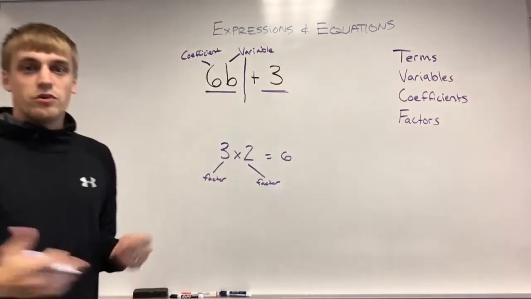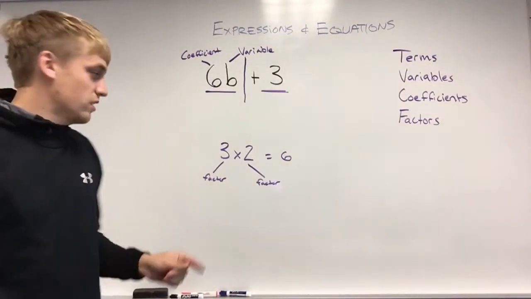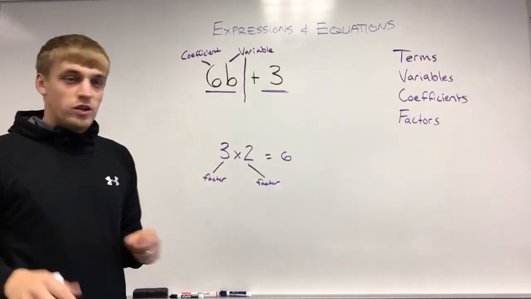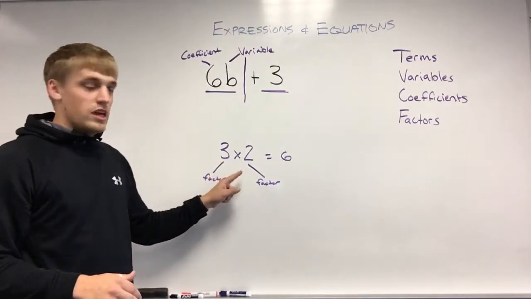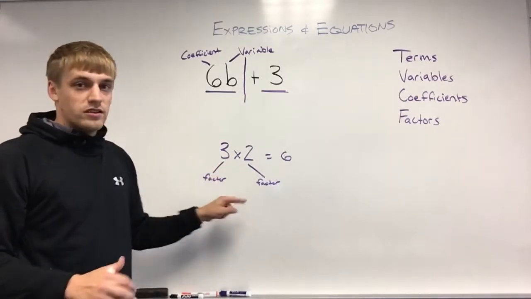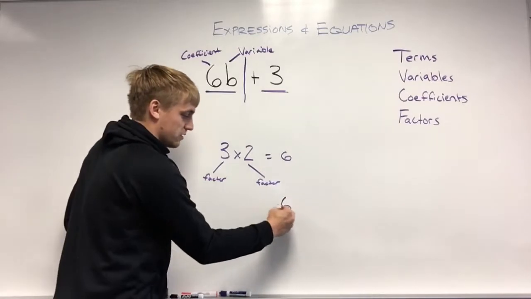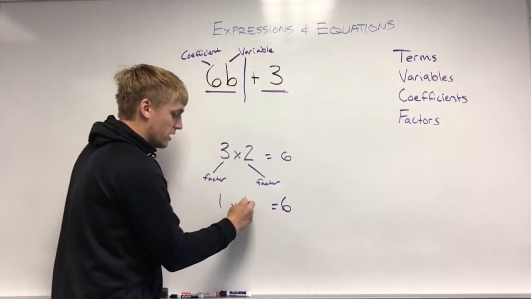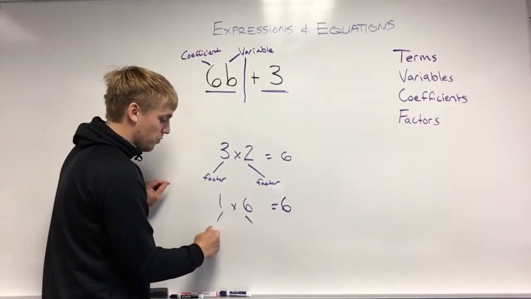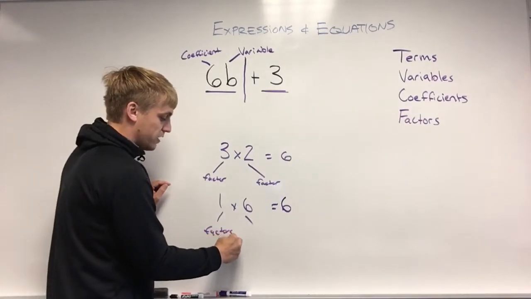If I asked you what are the factors of 6, what makes 6? One way that you can make 6 is take 3 times 2, and each of these is a factor. Another way to make 6 would be 1 times 6, and we would call both of these factors.